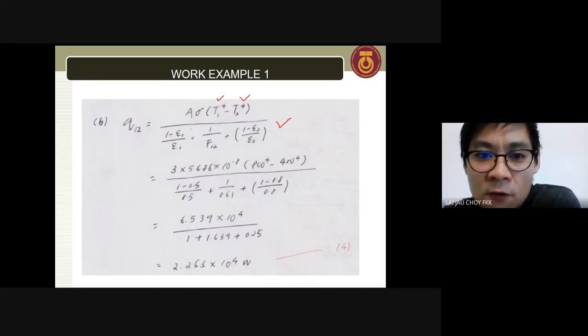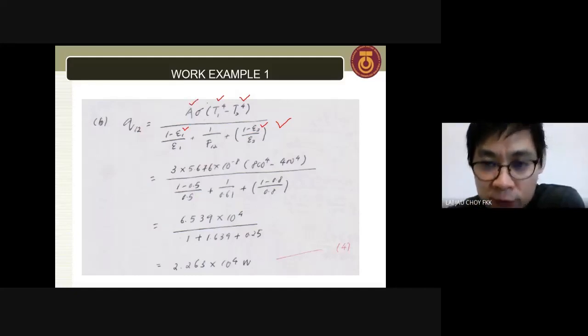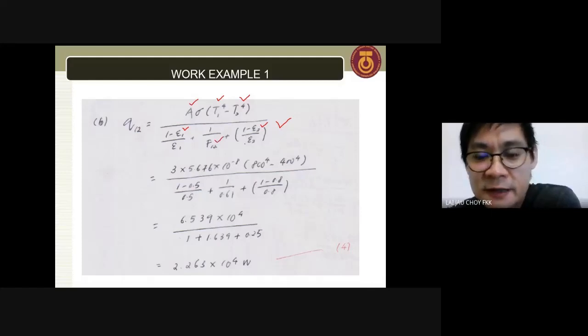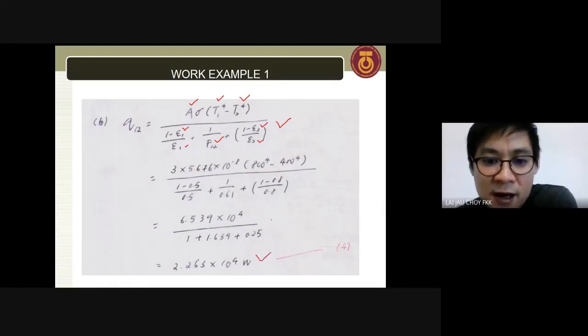Then A1 you can also calculate. F12 you determined already, 0.62. So what you need to do is to substitute all these values into this equation. Then at the end you will get the answer. So this is my answer. Okay, let me show my answer.